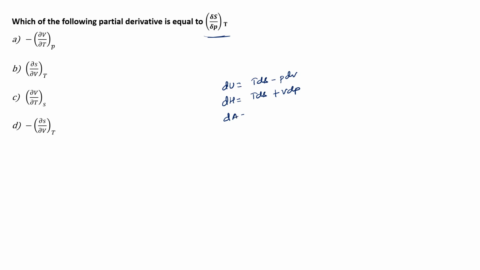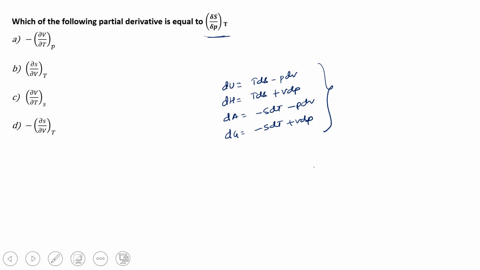Then dA is equal to minus SdT minus PdV, and dG is equal to minus SdT plus VdP. These are the four Maxwell equations, and guys, you need to remember them. You can follow some trick also to remember them.